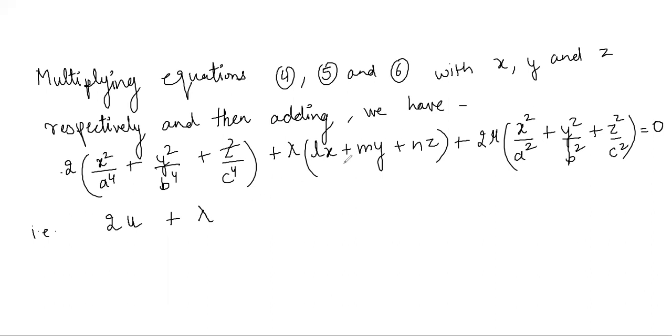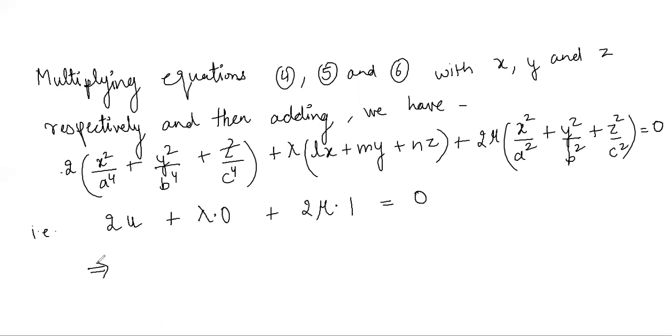This is equal to Lx plus My plus Nz is equal to 0. This 2 mu, and this expression x square upon a square plus y square upon b square plus z square upon c square, this is also present in our second condition, and by the second condition this is equal to 1. So considering it as 1, the right hand side is 0.